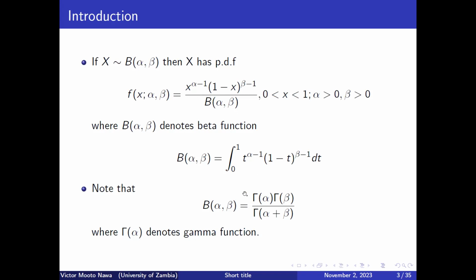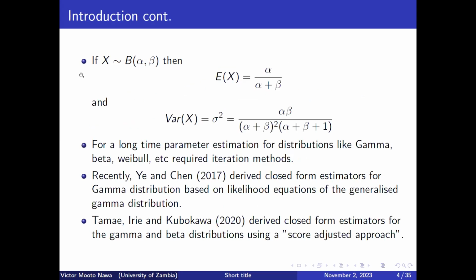This beta function can also be written in terms of the gamma function. Given a beta random variable X, the expectation of X is alpha over alpha plus beta, and the variance is given by this expression. Throughout the presentation, I will use sigma squared to represent the variance of X.